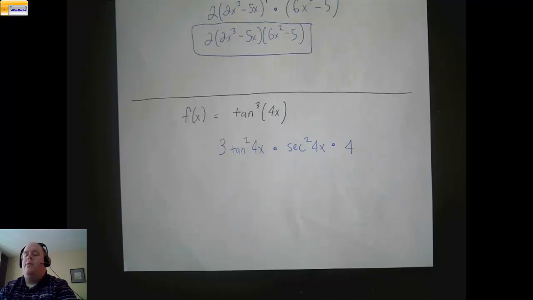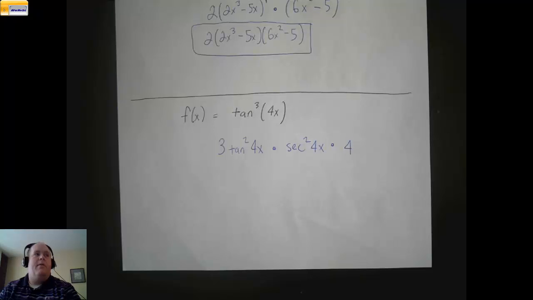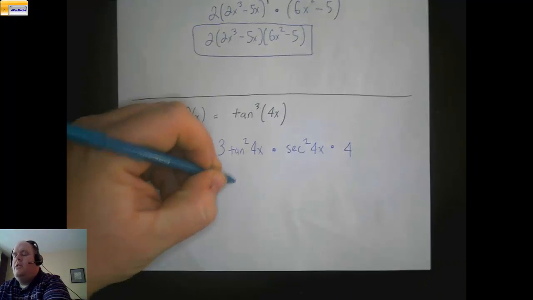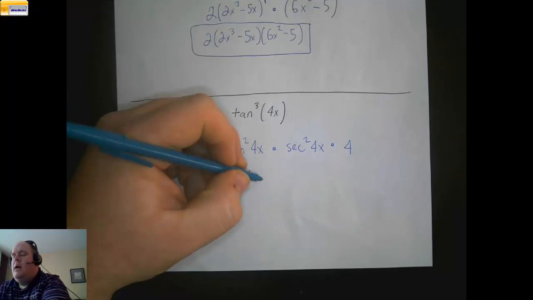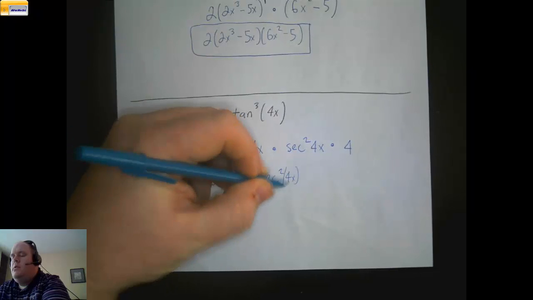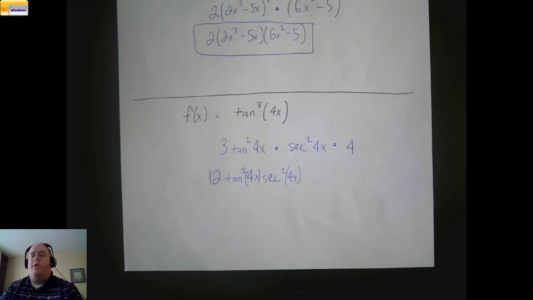So we get 3 tangent squared of 4x times secant squared of 4x times 4. If I multiply the 4 and the 3, we get 12. And then we can put these together: tangent squared of 4x and secant squared of 4x. So there we go. That would be our derivative for that particular problem.